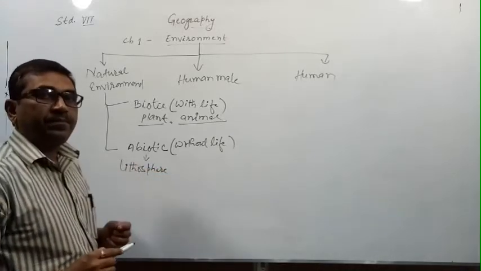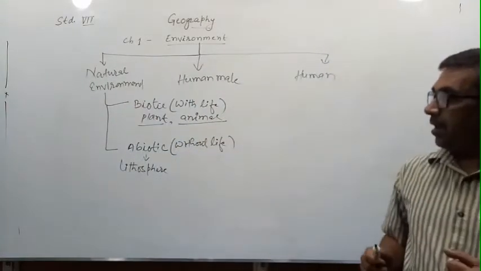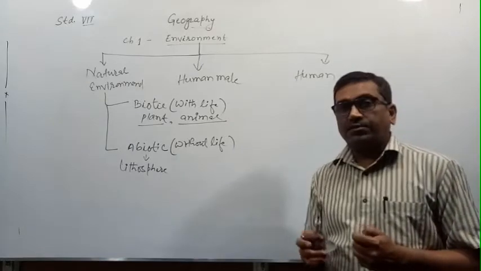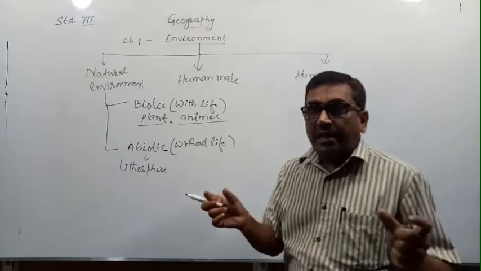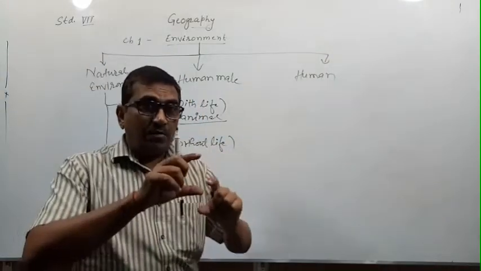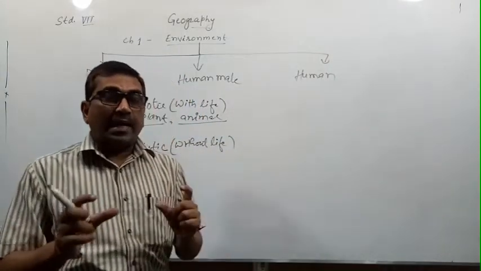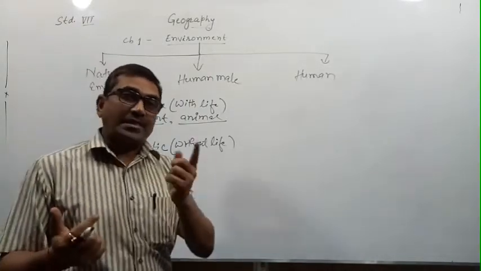It can be further classified, and the first part is called lithosphere. The lithosphere is the upper solid layer of the earth, which is made up of rocks and minerals.